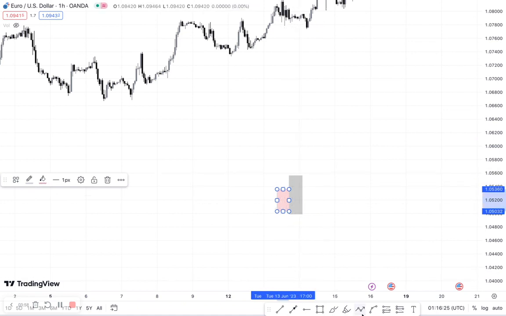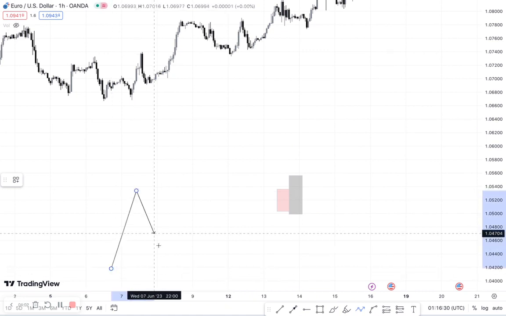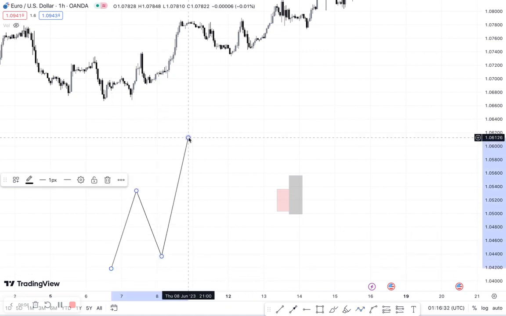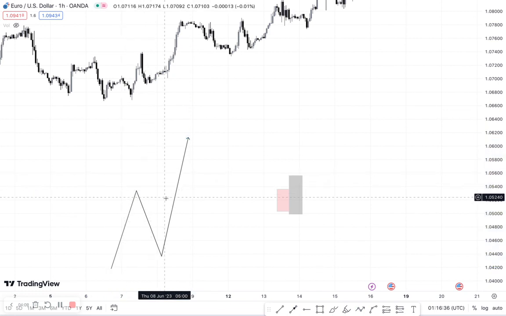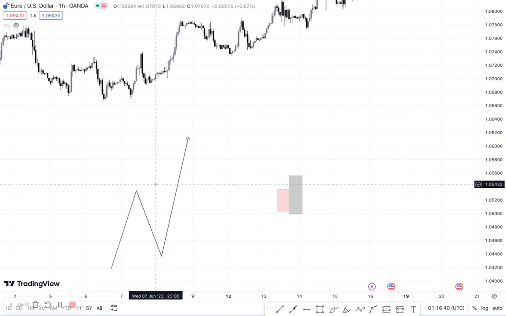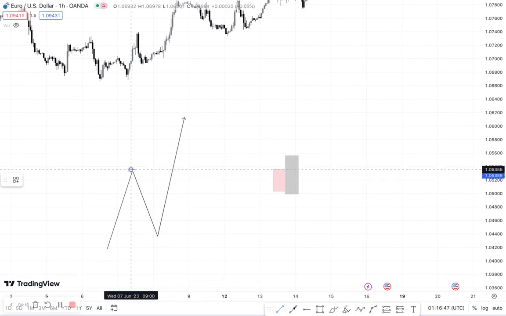Now in an uptrend, you need to see something like this. Anytime price breaks your most recent high, we call it the break of structure, which I explained properly in our first video. And then we have a break of structure here.